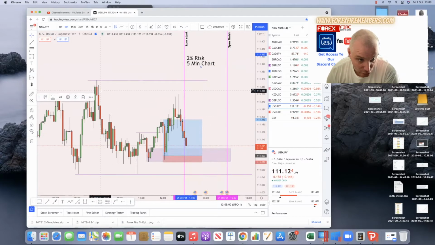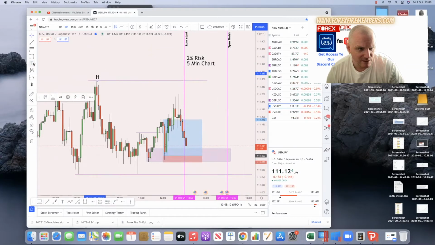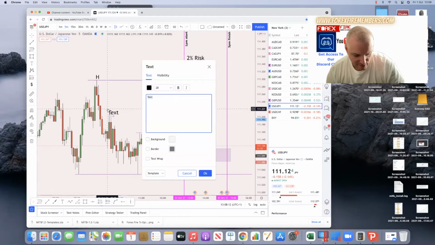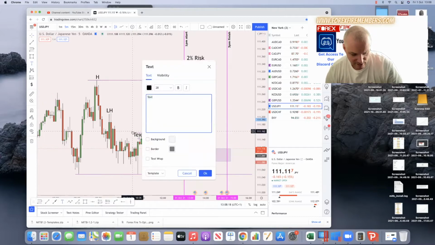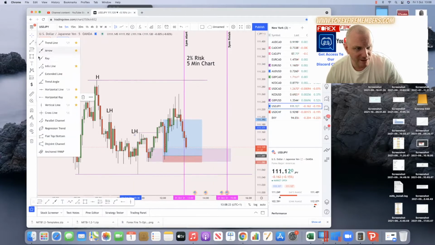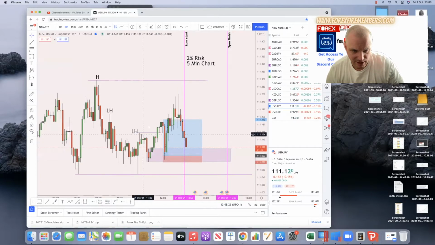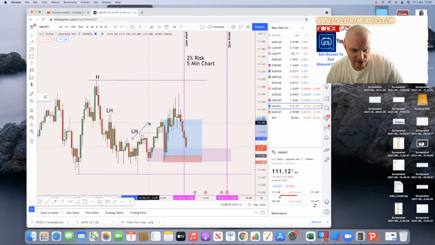And again, longer term structure, high, low. Let's just mark this out just so you know you've got, again, your high. You've got a lower high. Again, you've got a lower high. From there, you had a swap over. Okay, shift in structure.